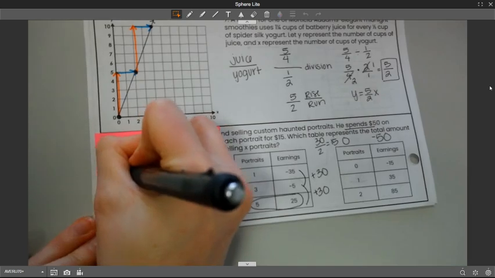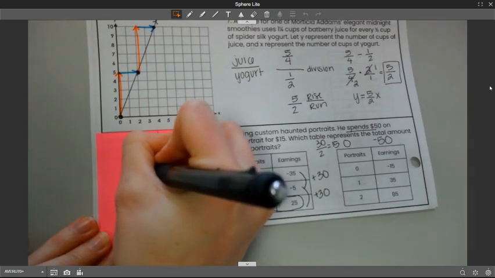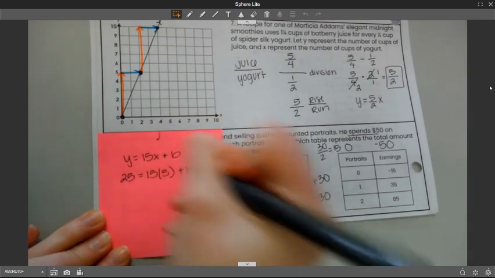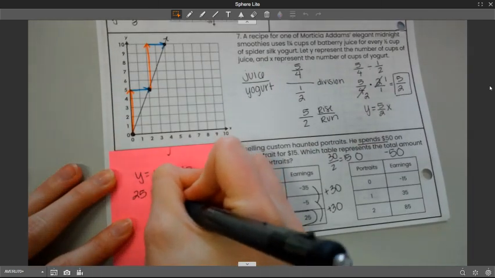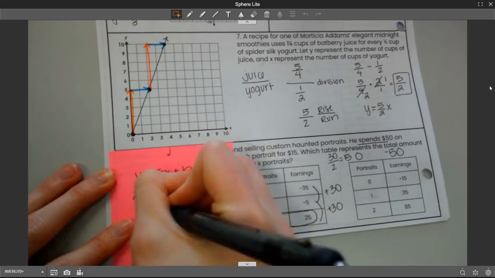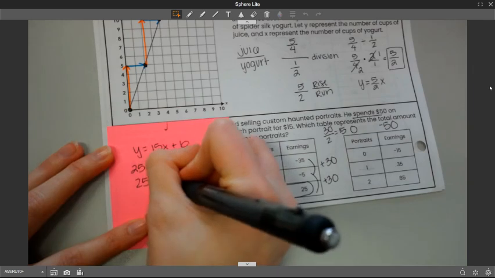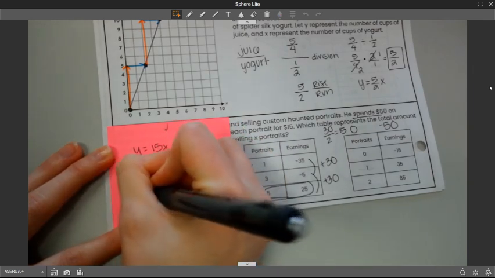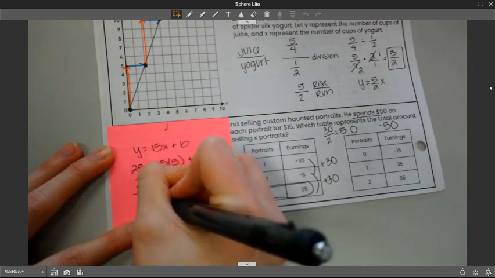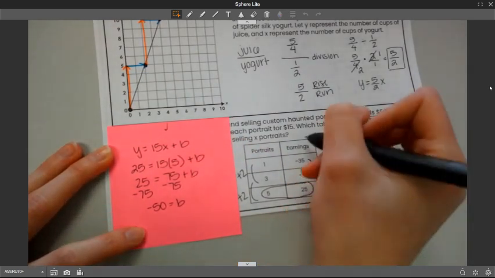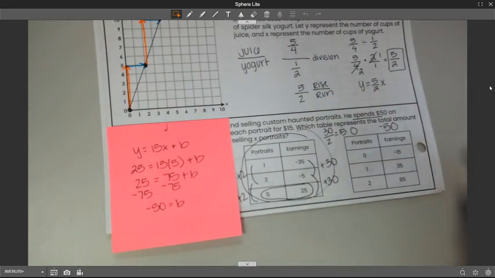So I'm going to plug in 25 for y is equal to 15 times the x there, which is 5, plus b. Well, 15 times 5 is 75. So 75 plus b is equal to 25. So to solve for b, I'm going to subtract 75 from both sides. So we get -50 is equal to b. Well, didn't we say that that's where we were starting? So that is the table I need.